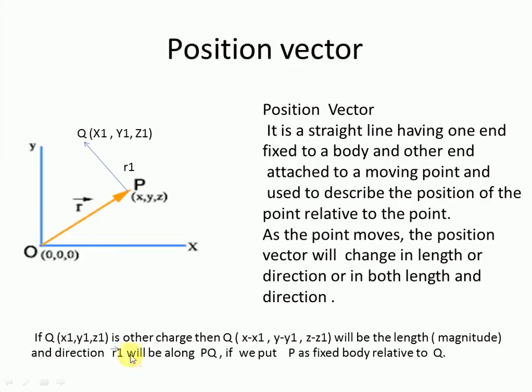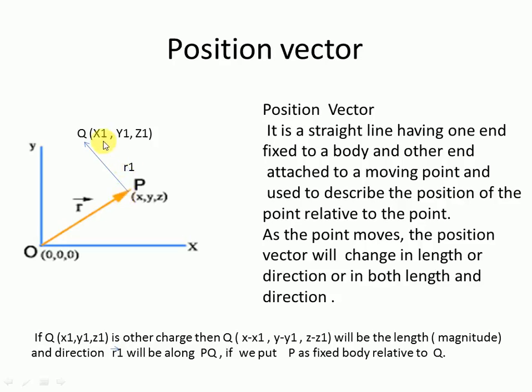This is R, this is R1, this is Q, that is x1, y1, z1, and P is x, y, z. Then the position vector R can be calculated, its magnitude will be in terms of x, y, z, and its direction according to the arrow.